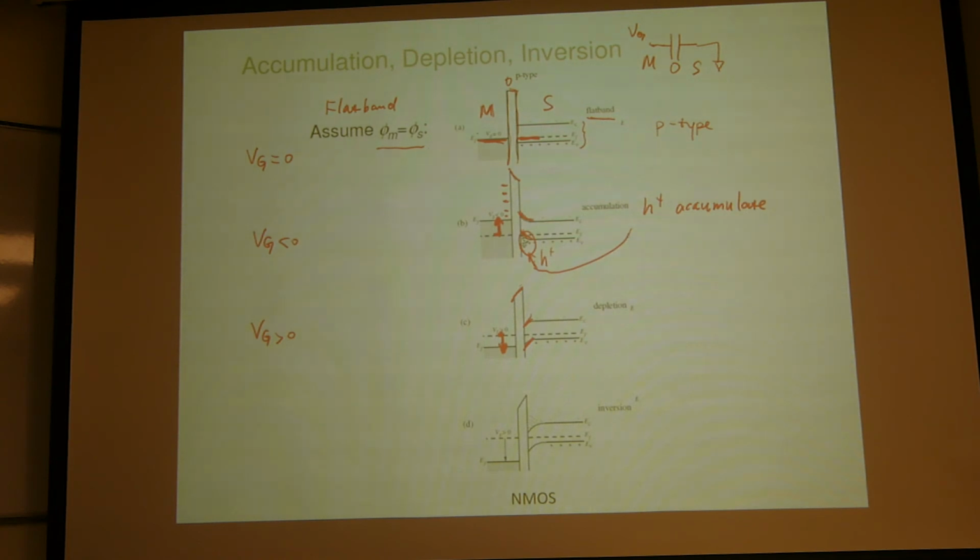And that means what? If this is bent down, then there are fewer holes, because those holes are repelled away, as we discussed. Fewer holes. This becomes a depletion.